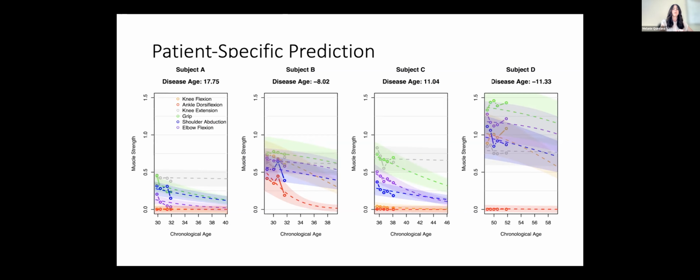So if we're able to predict future progression, given natural progression without any treatment, then if we give an individual a treatment, say we gave participant B a treatment at 32 years old, and then we observed what happened. And let's say their dorsiflex stayed above this line and stayed right around 20%.